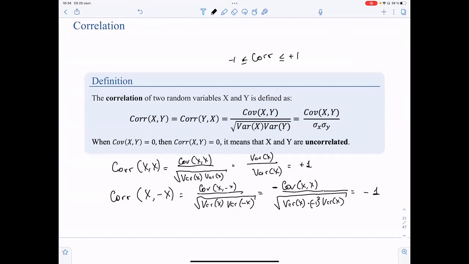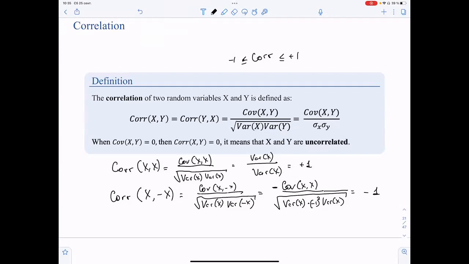So correlation is an alternative based on the covariance metric, and the correlation is actually bounded. And now, because of these bounds, we may interpret a value of these quantities. So here you may say, the greater covariance is, the stronger the association of two random variables.